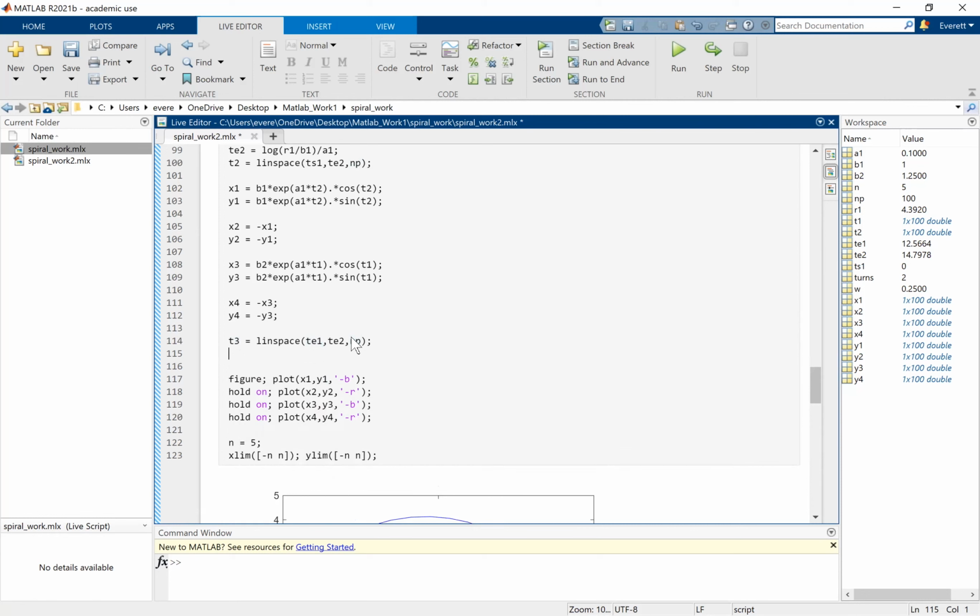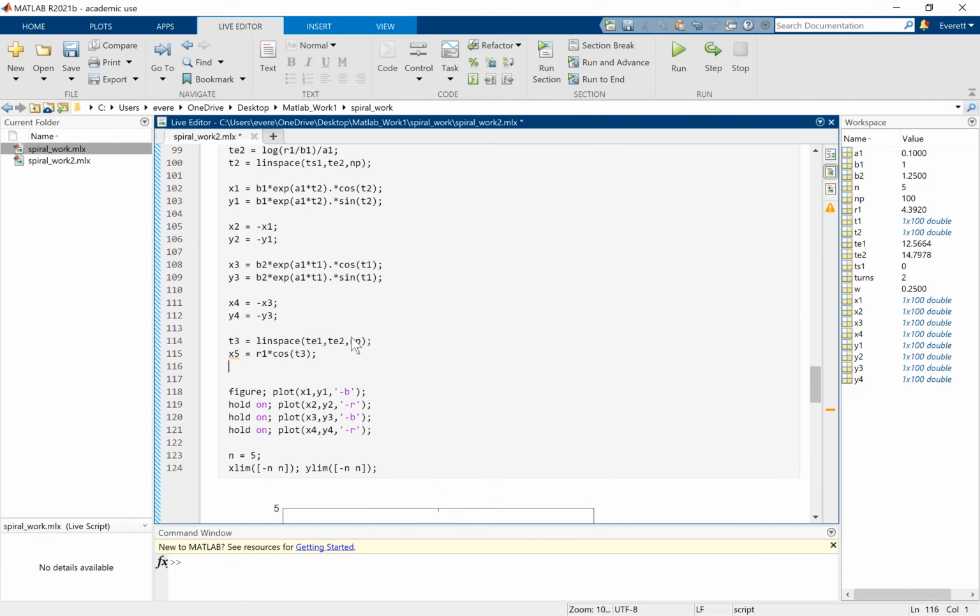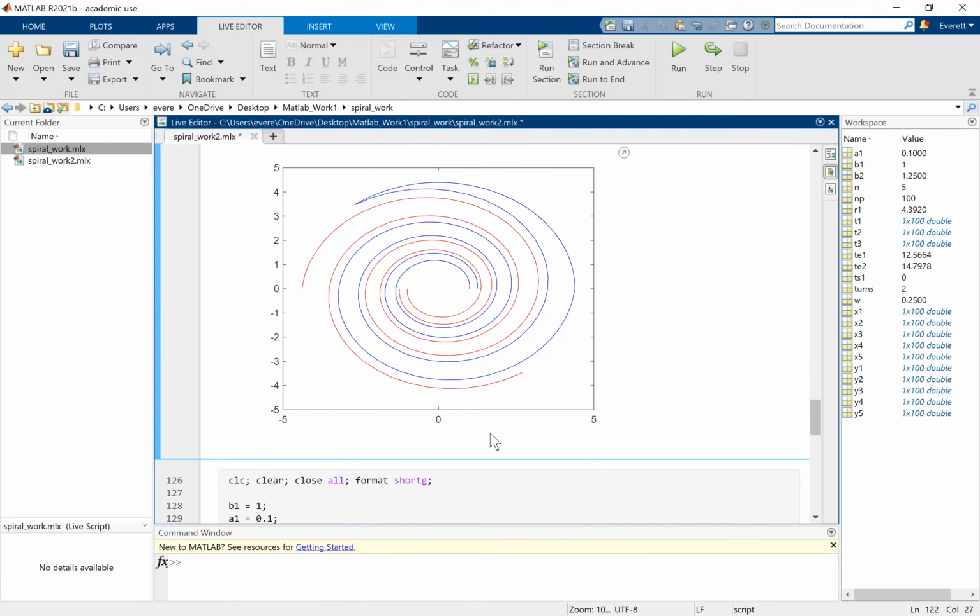So our x5 is going to be R1 times cosine of T3. Our y5 is going to be R1 times sine of T3. And now let's just plot that. X5, Y5, this is the blue side. And if we do that, we have our very nice tapered outer bound.